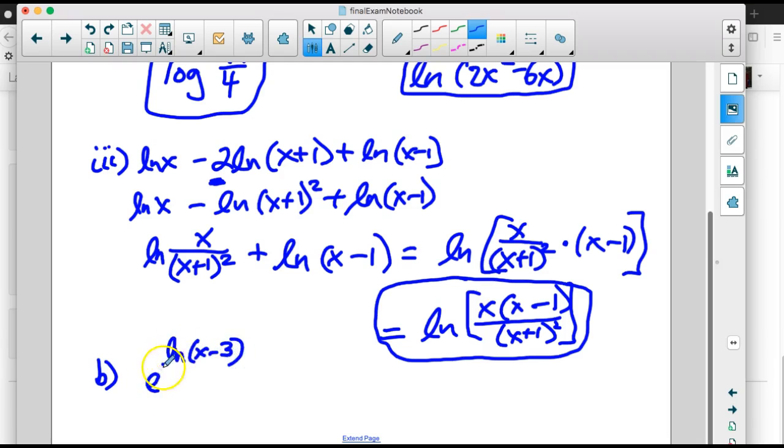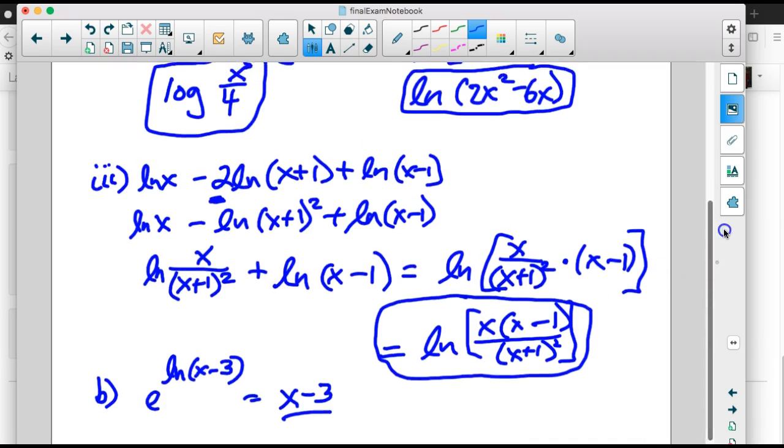Since these are inverse functions, we can reduce them to just this value. So the answer to that is just x minus 3. Since these are inverse functions, they undo each other and you end up with this term here, x minus 3.